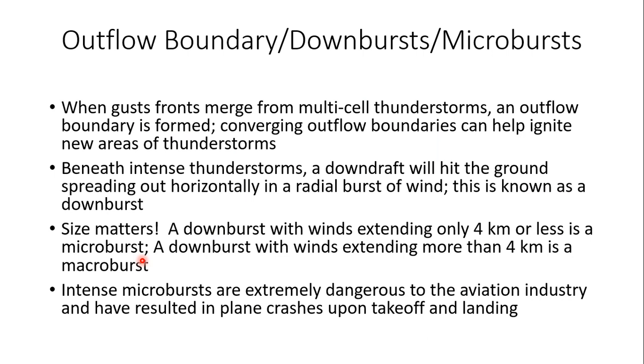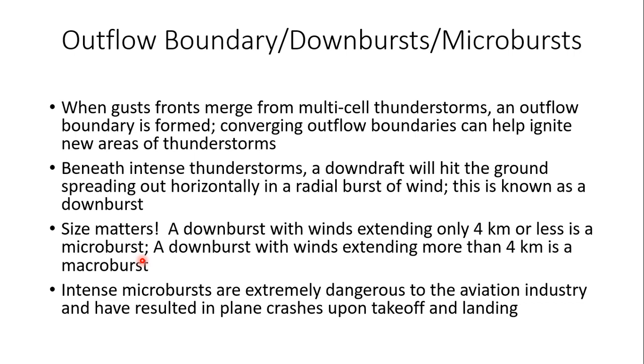All right, so we talked about shelf clouds, we talked about gust fronts. We also have to talk about special terminology associated with thunderstorms. I'm going to cover outflow boundaries, downbursts, as well as microbursts. When gust fronts tend to merge from multiple cell thunderstorms, an outflow boundary is generally formed.